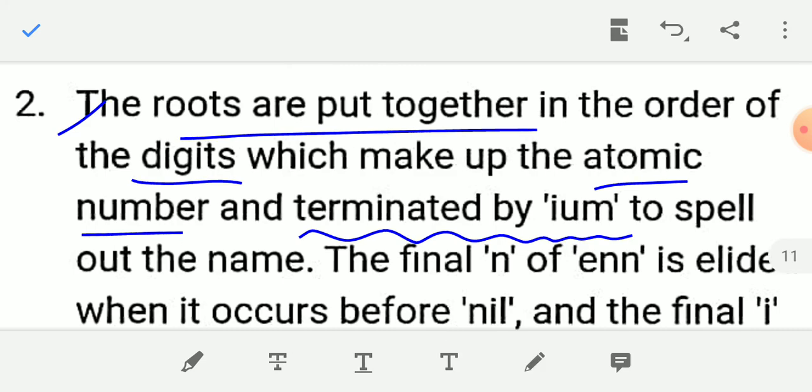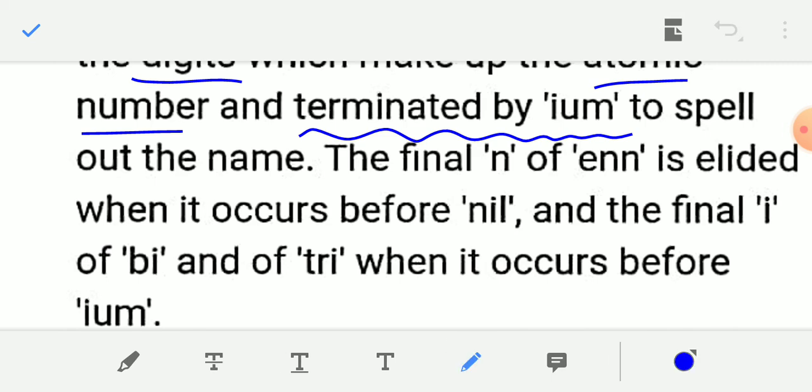And the final n of enn, e double n, is elided when it occurs before nil. You have to omit the final n of enn, which is used for the number 9, when it occurs before nil.